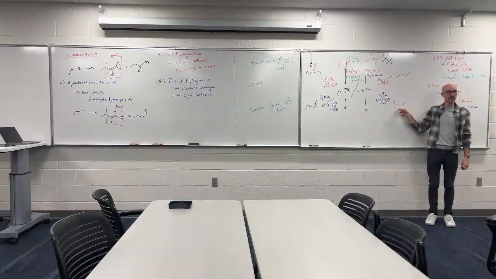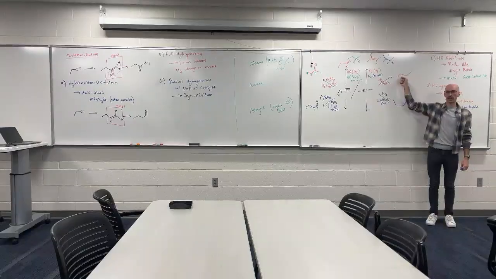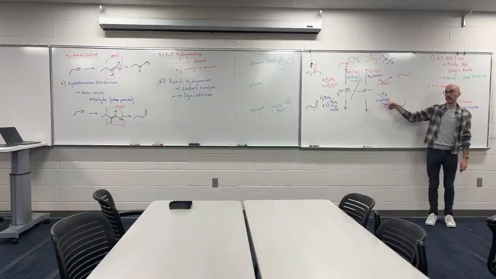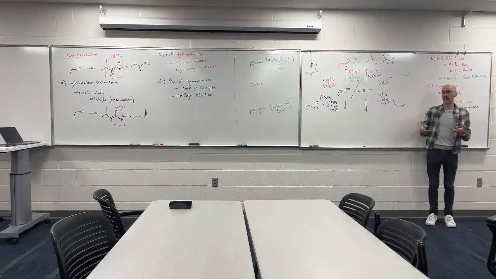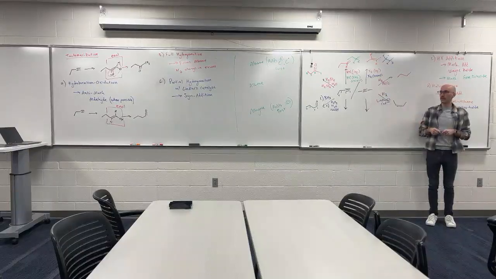This is an intermediate in the production of the alkane. Lindlar's catalyst stops this from reacting so that it can be harvested. Now you can create a cis alkene from a linear alkyne.